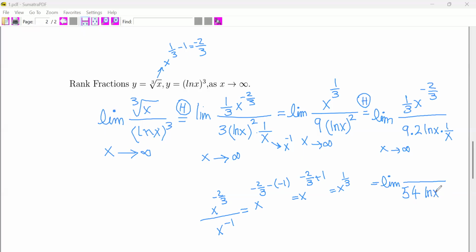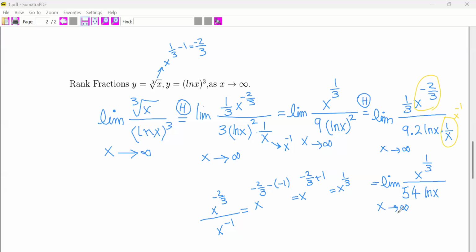54 ln x. And for the powers of x, same as the previous one, we have x to the power negative 2 over 3 over 1 over x, which is the same as x to the power negative 1. So we can use the previous answer, which is 1 over 3, when x is approaching infinity.